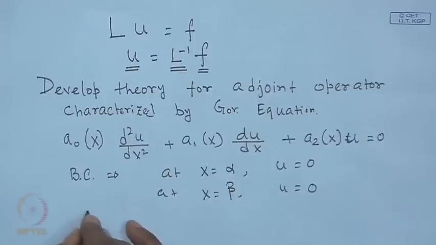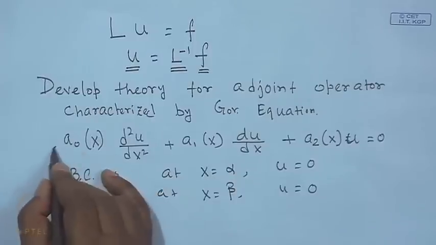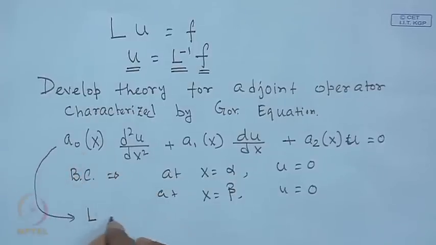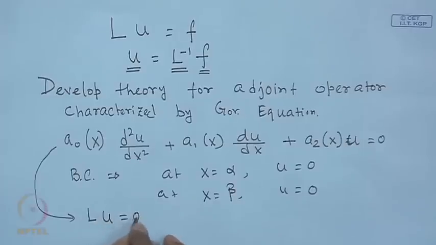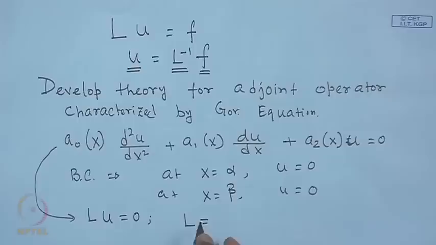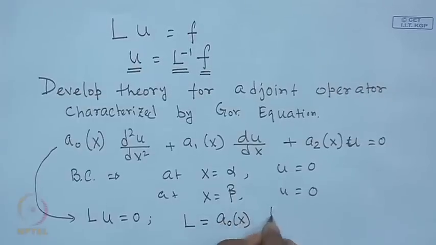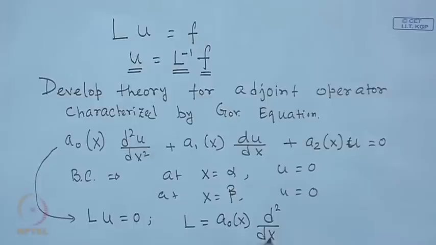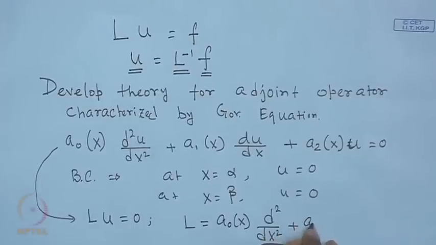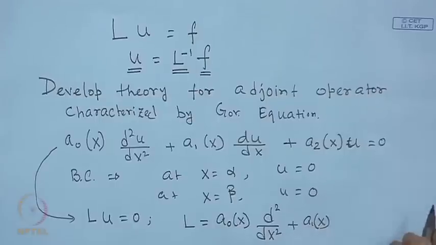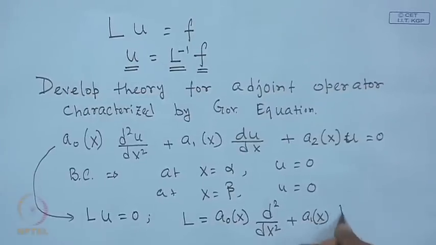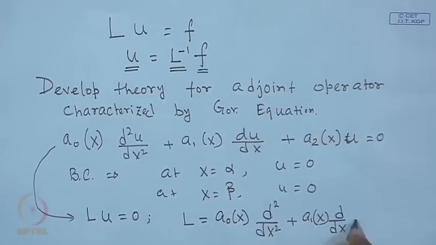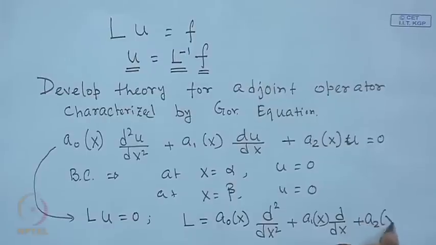So, this equation can be written in a compact form as Lu = 0, where the operator L is given as a0(x) d²/dx² plus a1(x) d/dx plus a2(x).